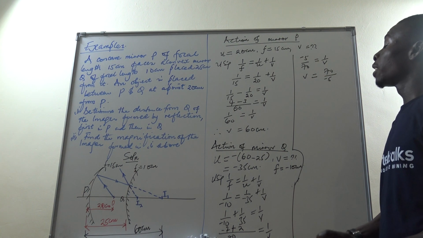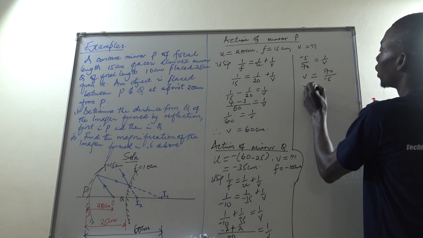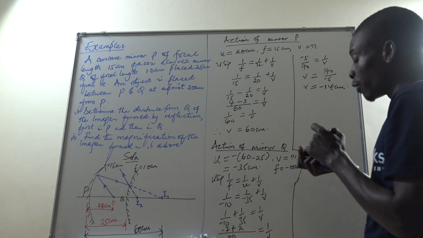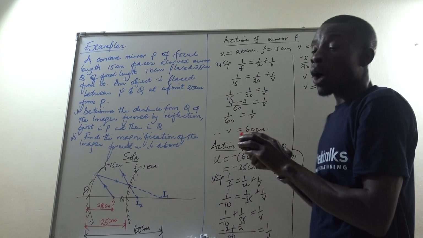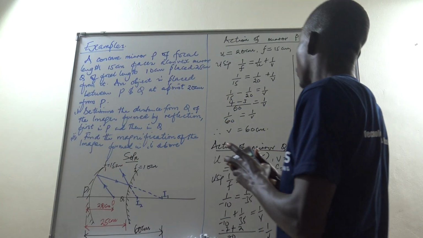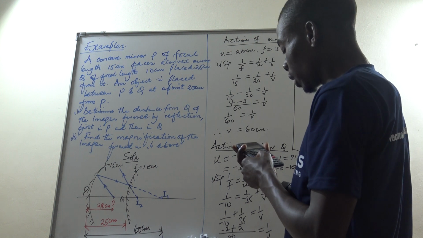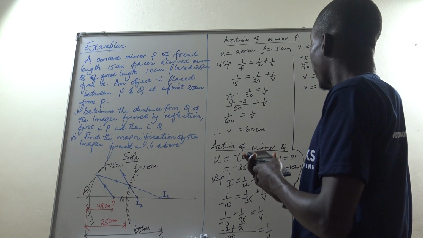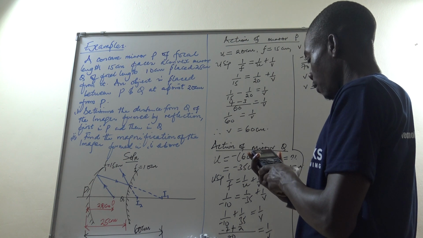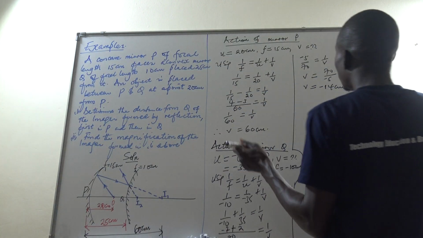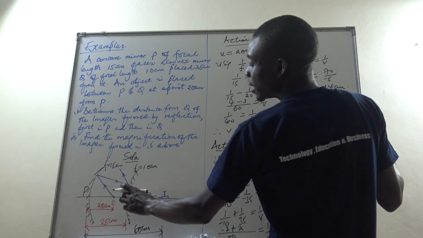That is negative 14. V equals negative 14. Please feel free to confirm by yourself. What is 70 divided by 5? Is it true that it's 14? You can confirm. That is 14 negative.